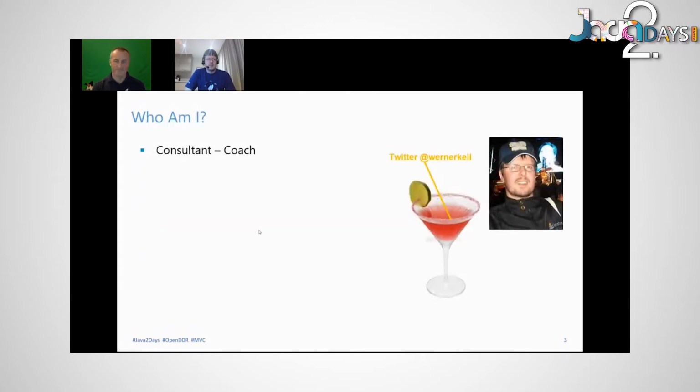So first, a little bit about myself. I'm a consultant and coach working for various companies, everywhere from embedded to backend and enterprise. Right now, I'm a little more on the RCP side again. I'm an open source evangelist and contributor to several projects.